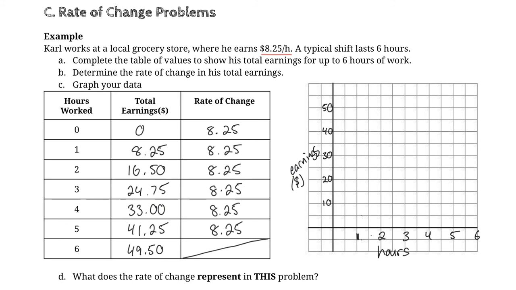And we would need to plot these points. So for 0 hours worked and 0 earnings, you would get this point right here at 0, 0. For 1 hour and $8.25, we can estimate it to be around there, and we just need to plot the rest of these points.